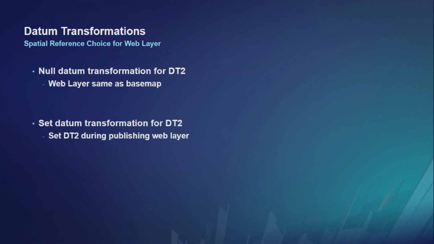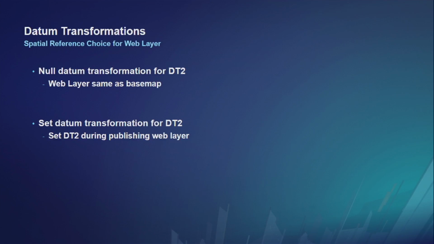So let me talk about the TT2 step. When I support customers, a lot of them ask, what spatial reference should I choose for my web layer before publishing? And ideally, I would suggest you set a non-datum transformation, which means whatever basemap you are going to use, you just set the web layer to be the same as the basemap you are using.